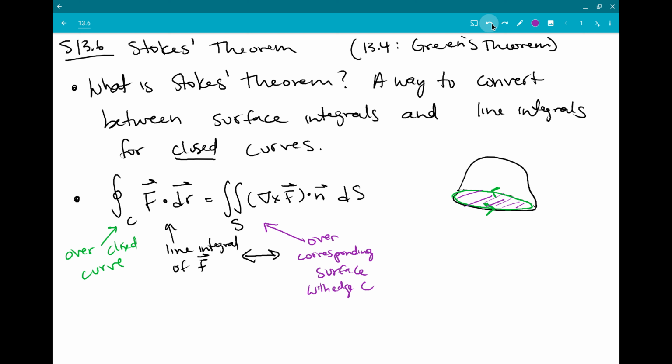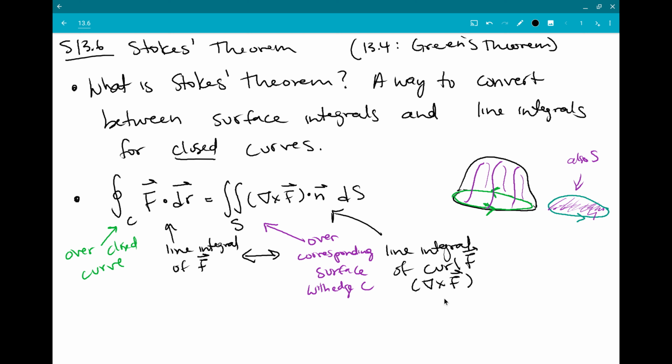Then over that corresponding surface, you would compute the surface integral of your curl, which we learned how to compute earlier in chapter 13. I've denoted it as del cross F if you prefer that way to remember curl, but if you've committed the curl formula to memory, that's also fine.